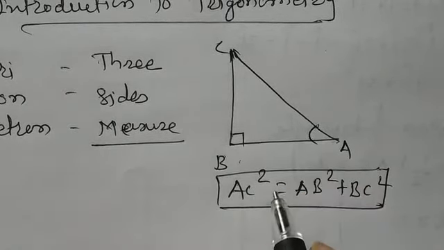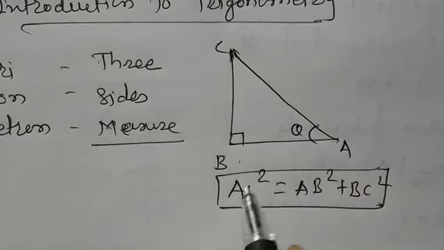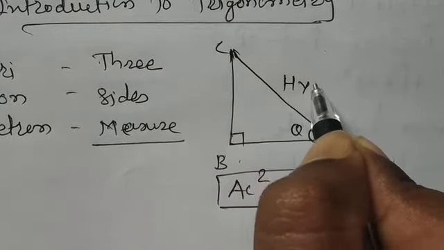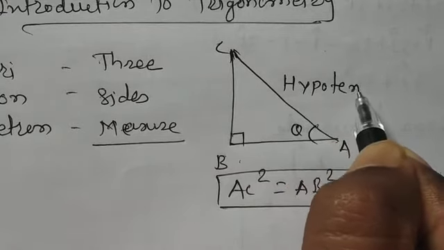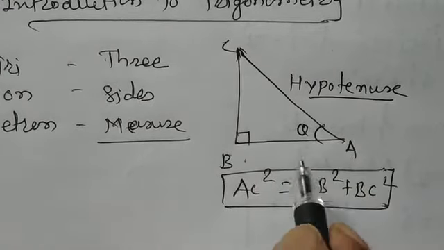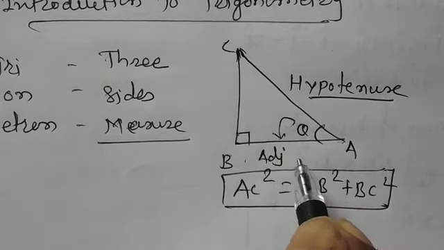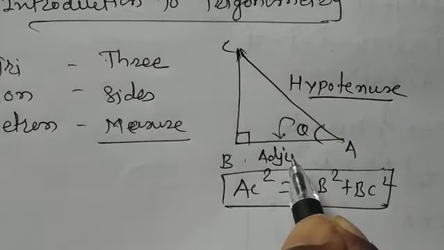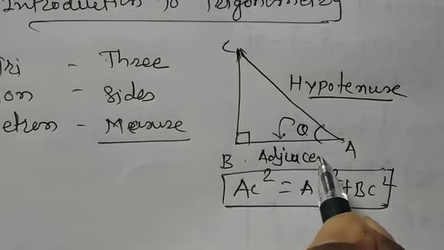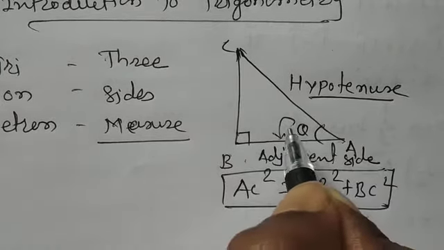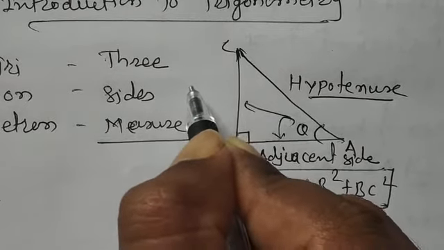Suppose this is an angle, angle A. Let me say that it is theta. Then this is our hypotenuse, then this is the adjacent side, and this is the opposite side.